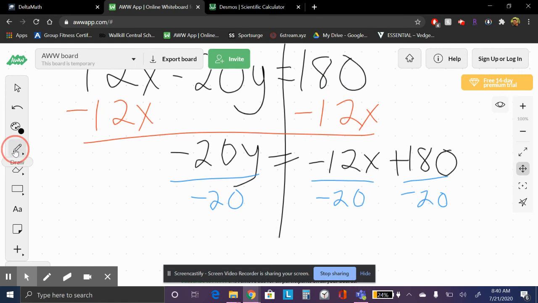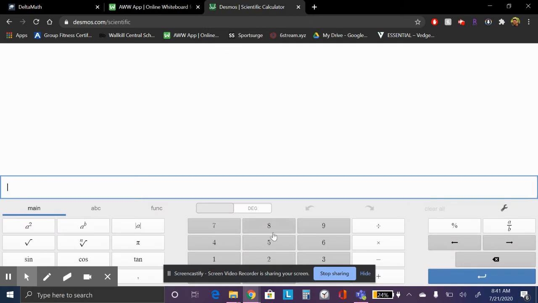So then I get y is equal to negative 12 divided by 20. If you are not good with reducing fractions, use this Desmos calculator.